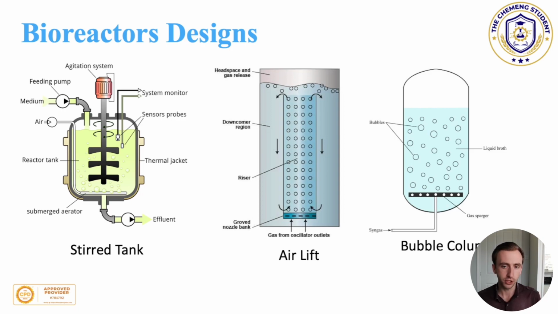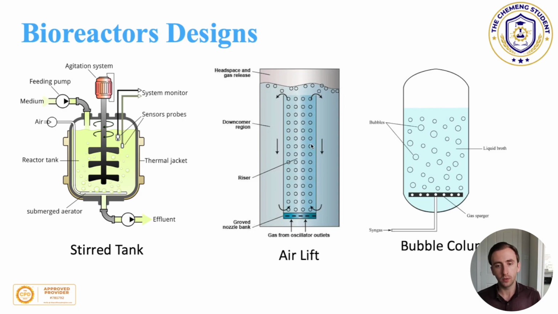Some are highly specialised for a specific species, others are very generic, but they usually take the form of one of these three systems, whereby we have a stirred tank reactor, and we have an air-lift reactor in which we basically have this centre portion whereby we inject a gas, usually in the form of air, but it can be carbon dioxide enriched air. Then what happens is we overspill the bubbles, and this induces some mixing as well.